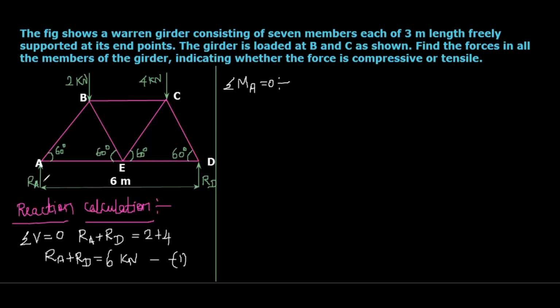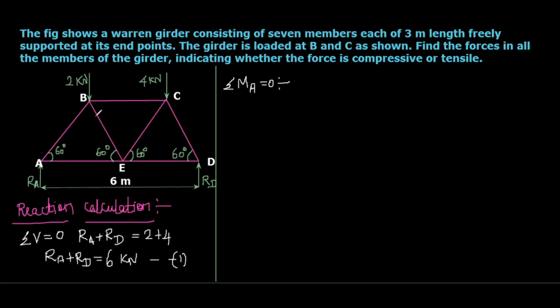When you take moment about A, the moment made by the force at A, which is acting exactly at the same point A, can be eliminated. So when you take moment about A, the moment made by the other 3 forces we have to consider.